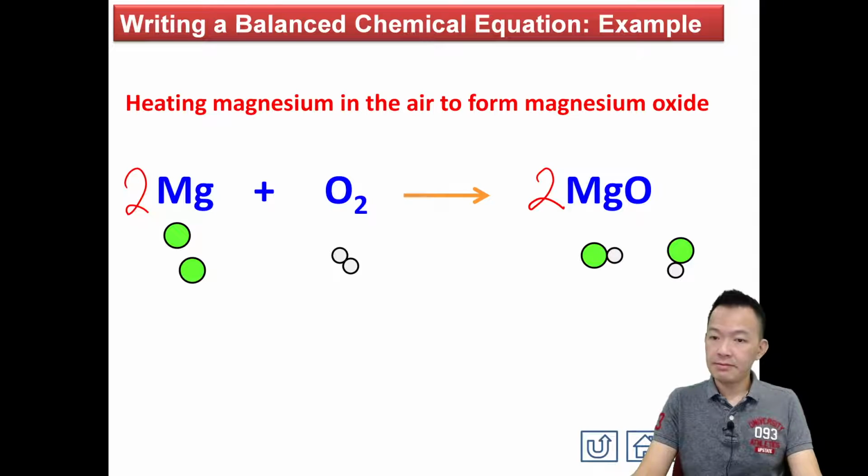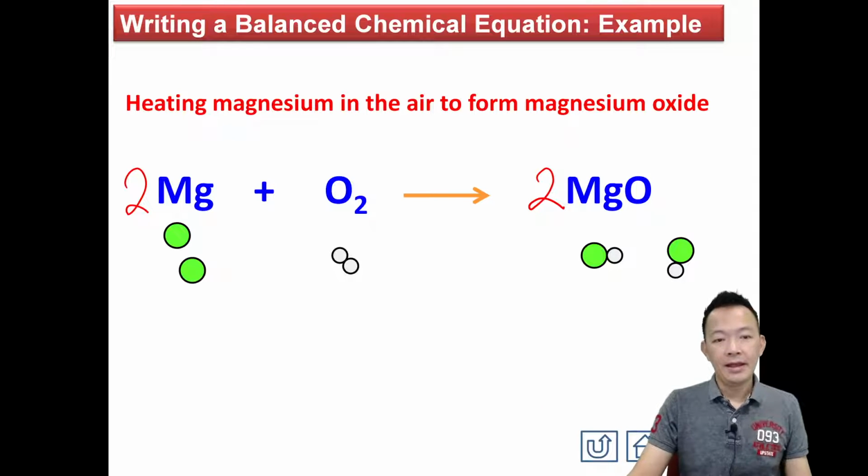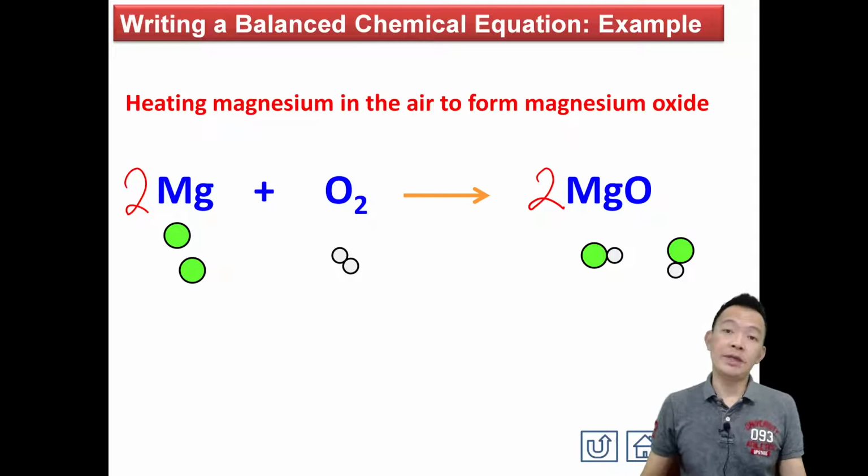So now you understand? 现在明白了没? OK, so 2个的 magnesium 最后还是2个, 2粒的 oxygen 最后还是2粒, but they become the new product, 只是它变成了新的产品罢了对不对?